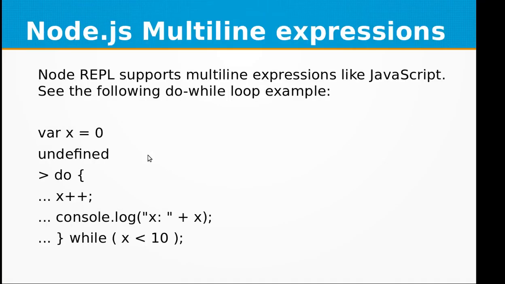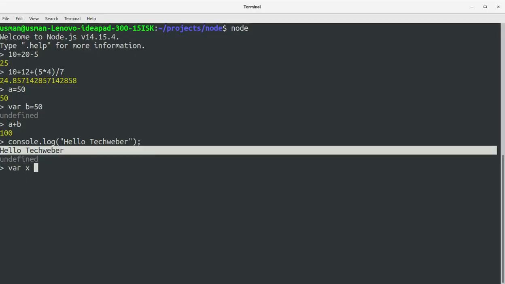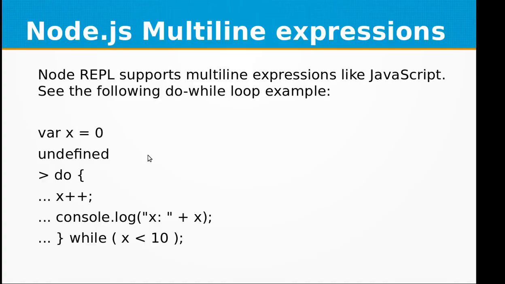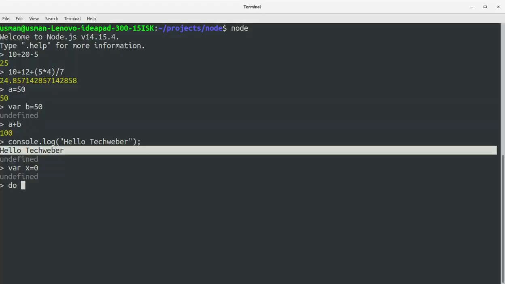Node REPL supports multi-line expressions like JavaScript. See the following do-while loop example. Let's try this. x equals 0. Okay. Do. This is a do-while loop.